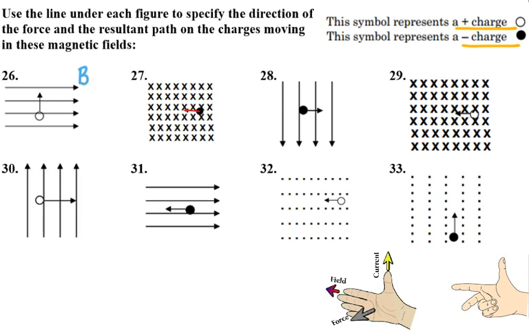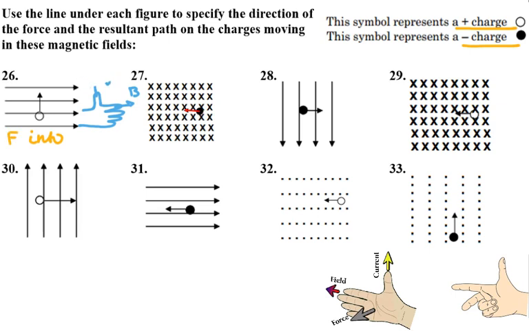So my right hand is going to look like this, with the velocity in this direction, the magnetic field lines in this direction, and the thumb is pointing away from me. So that means the force is going to be into the page for the positive charge.